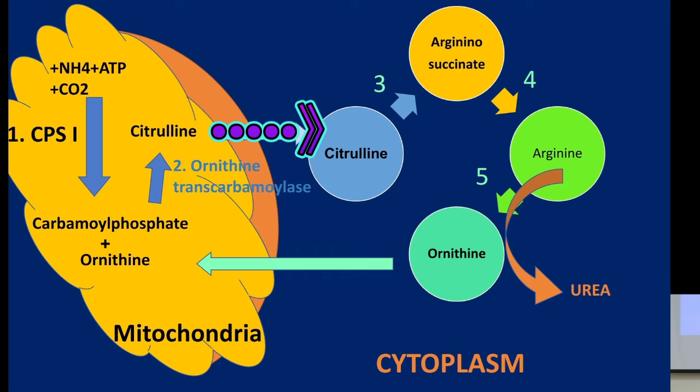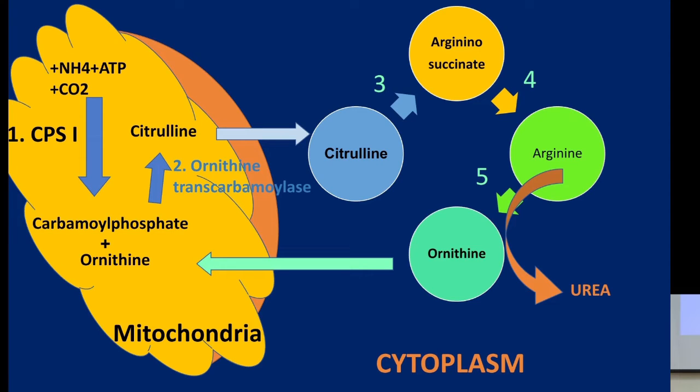And in the cytoplasm, you're going to condense it with the amino acid aspartate. So that's your other nitrogen. Think about this bold N there. This nitrogen is the other nitrogen that's going to be found in urea.